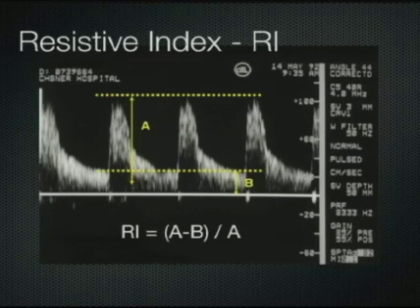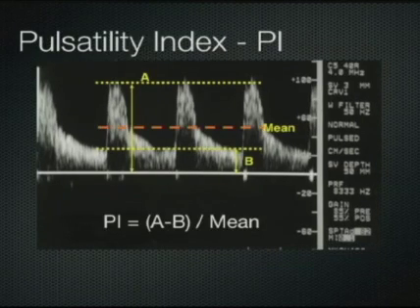A more commonly used index is the resistive index, which is the difference between the peak systolic and end diastolic amplitudes divided by the peak systolic amplitude. A third method which may be used is simply the difference between the peak systolic and end diastolic divided by the mean amplitude.